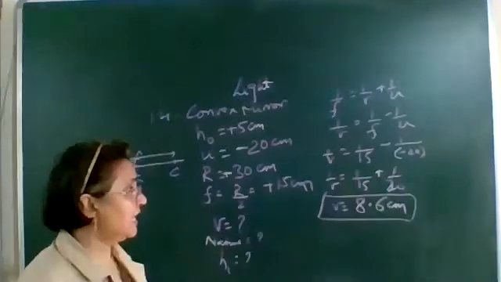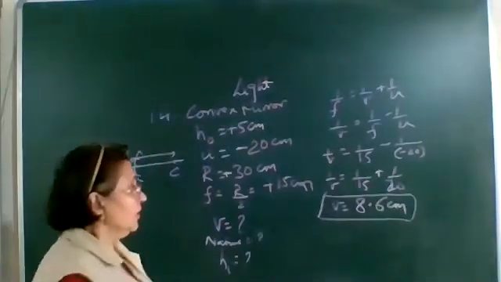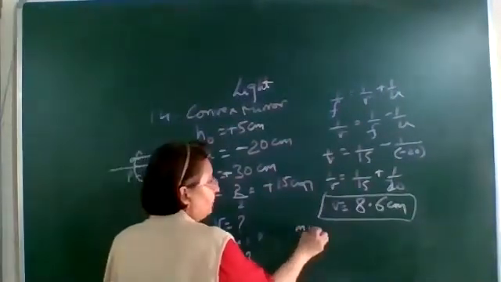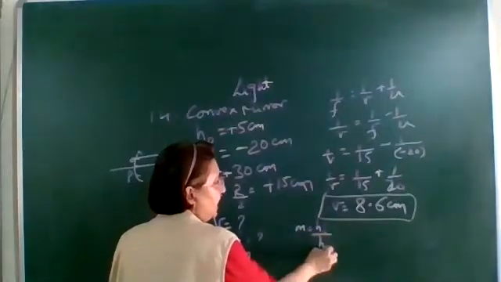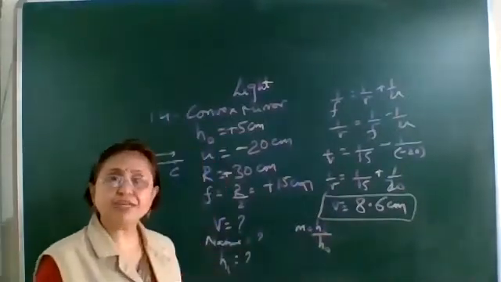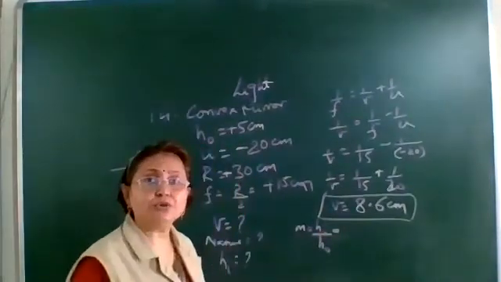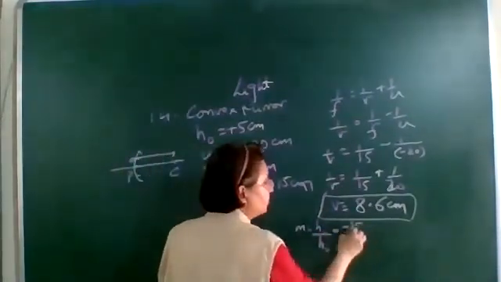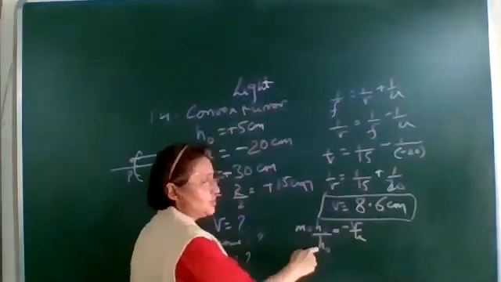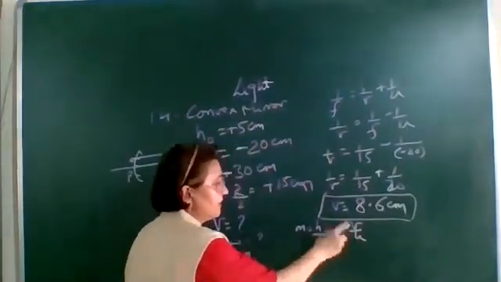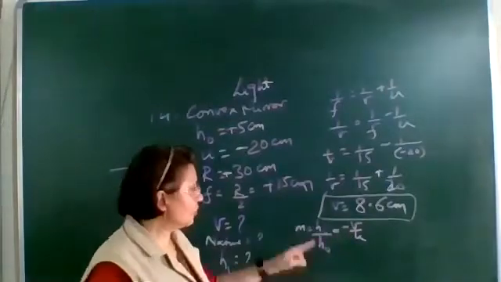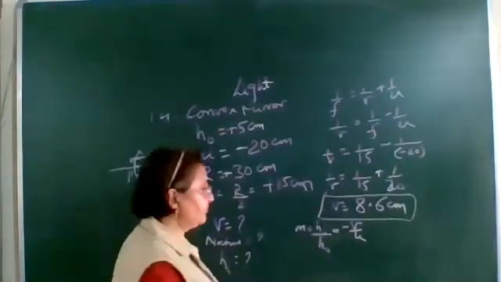First, let's find out the height of the image. We know that magnification is given by hi upon ho, height of the image to the height of the object, which is also equal to minus v by u. Ho is given, v is given, u is given. So you can find out the height of the image.